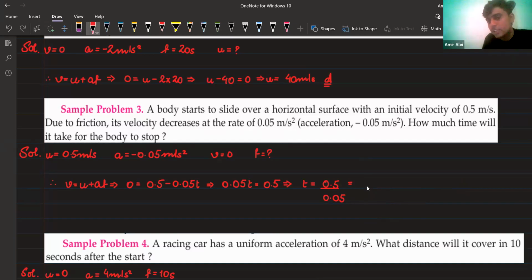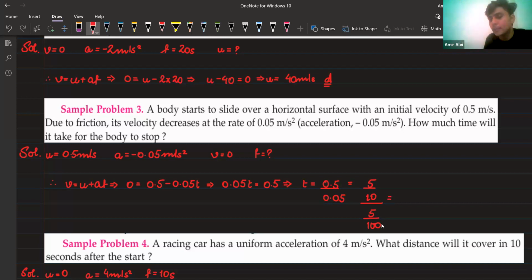Can I write 0.5 as 5 by 10, divided by 0.005 as 5 by 100? Can I write this, Naisha? Yes, sir. As you can see, this is a double division.